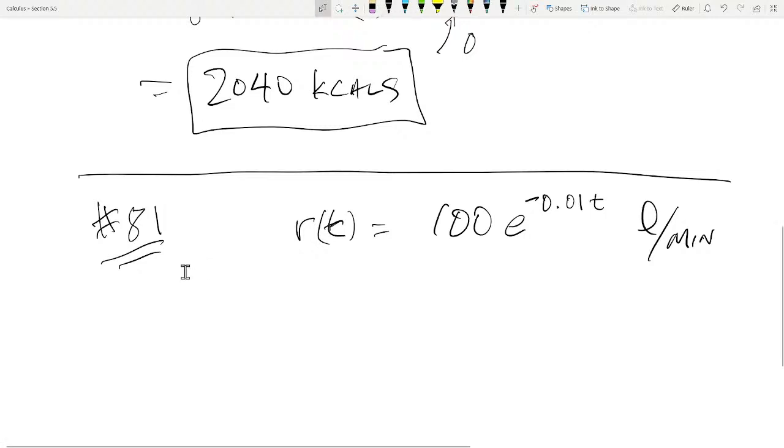They want to know how much it leaks in the first hour. So first hour equals 60 minutes because the rate is in minutes. So we've got to get that part right.